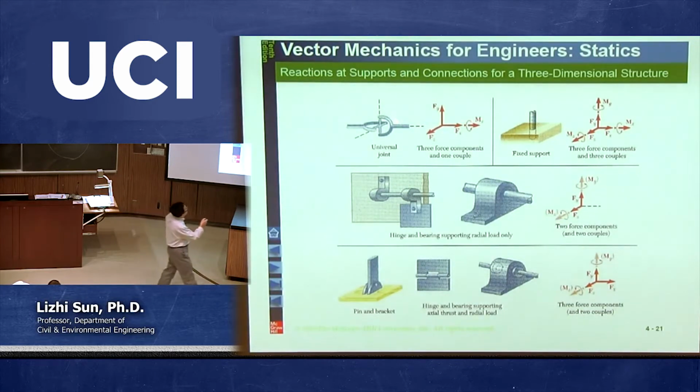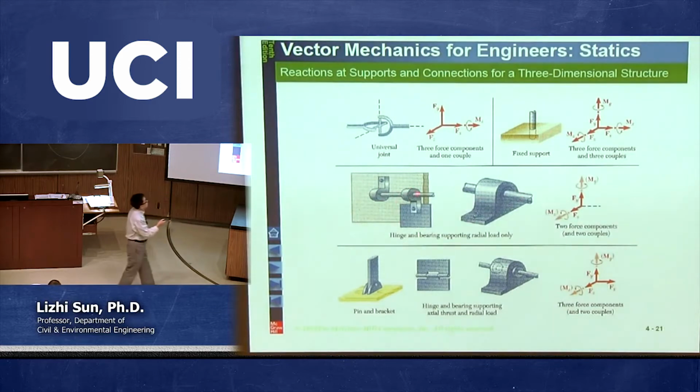But this one, you just cannot rotate in this x direction. This is the x direction. You cannot rotate because it's kind of contacting each other. But it's free to rotate in the y direction and the z direction. So that's why this is a special design, what they call the universal joint. It's only not allowed to rotate in the x component. So that's why you have an x moment resistance only.